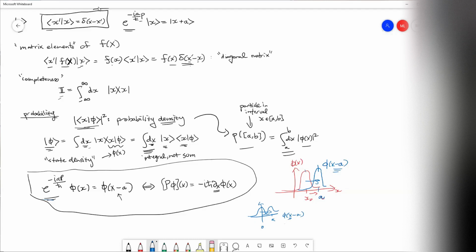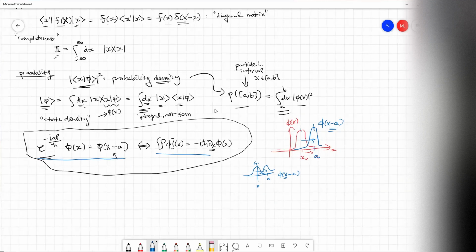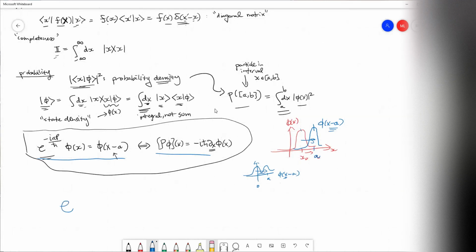And it all works out with this definition of the momentum operator. And you can check, and maybe I'll assign it as homework, that if I put in this minus i h bar partial x up here, this gives me e to the minus a partial x. You might wonder what this thing even is, but it's just a Taylor series.